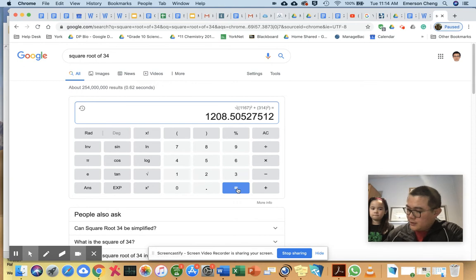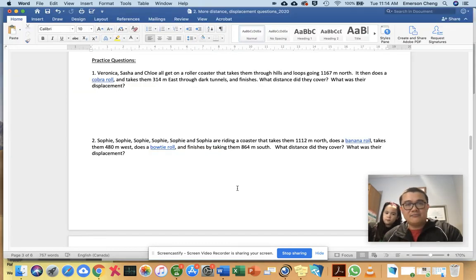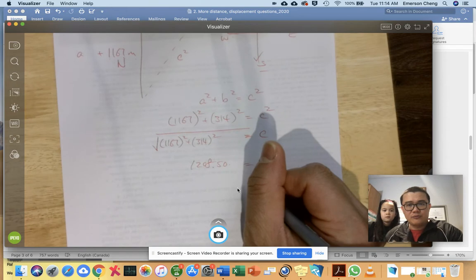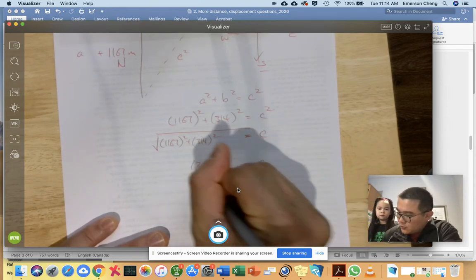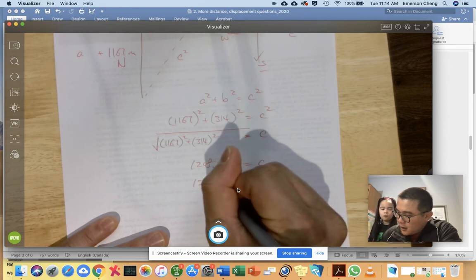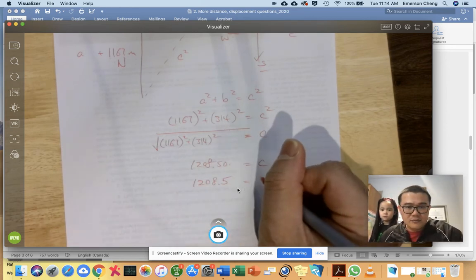Equals. Now this equals 1208.50. We're not caring so much about sig figs at this point. So it's 1208.5. And what is the unit?